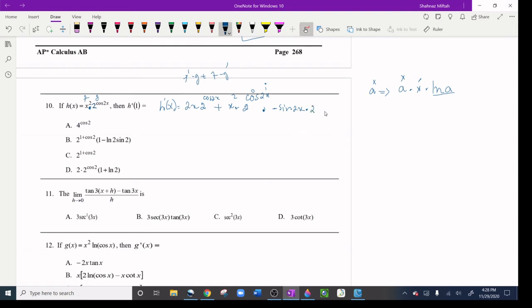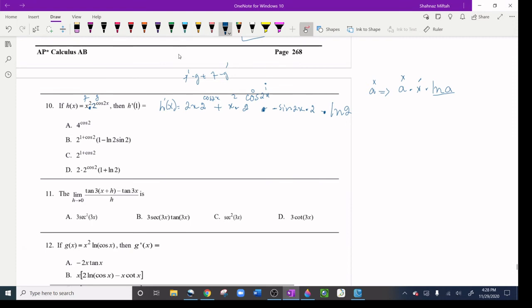I got that, times another ln a. This is 2, exactly the same thing, times the derivative of the exponent, and as you can tell, the exponent is a trig function, so it has to be a chain rule. I did that, outside, inside, times ln a. So ln a means ln 2. So I got everything done, and that's my product rule.